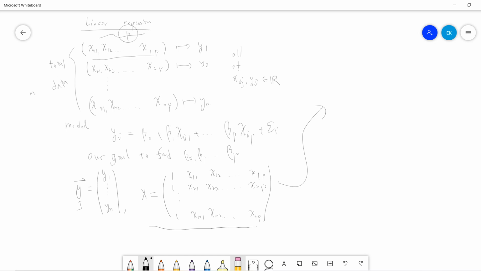Then also our beta vector, which is what we want to compute: beta 0, beta 1 up to beta p.